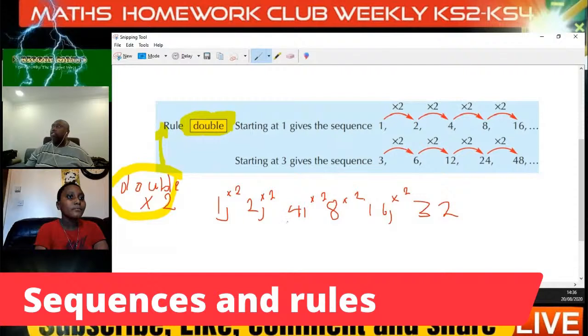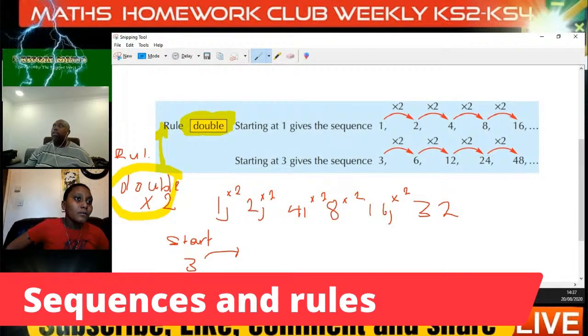Let's start with a different sequence now. My start number here is 3. And my rule is doubling. Start with 3.